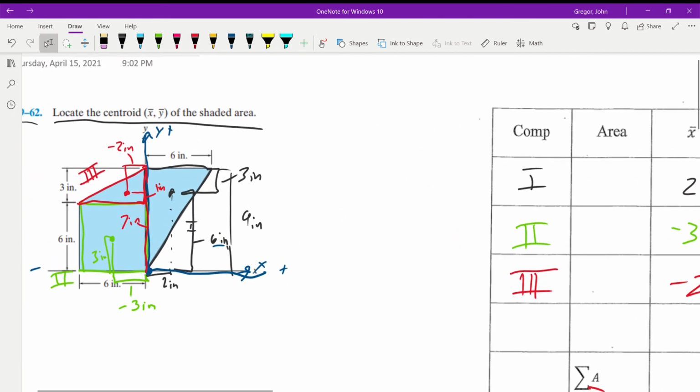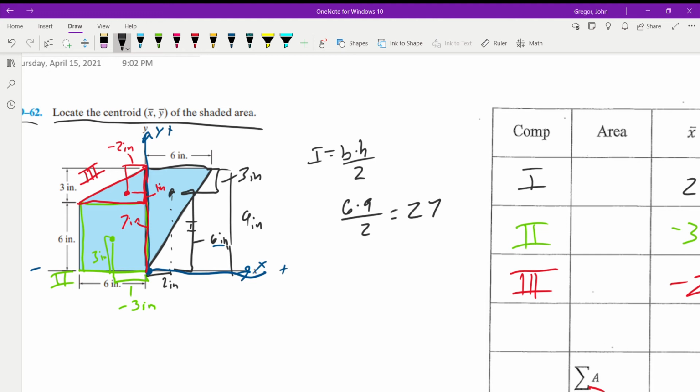For number 1, it's simply base times height over 2. In this case, my base is 6 inches and my height is 9 inches, over 2, which gives me 27 inches squared.